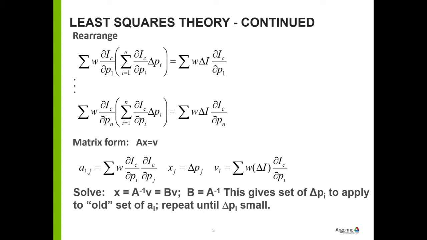So you have to solve this by inverting the A matrix here, which gives you a new matrix B multiplied by this vector, and that gives you the set of parameter shifts. You apply them to the old set and repeat. And you keep doing this until the thing has come to a minimum.